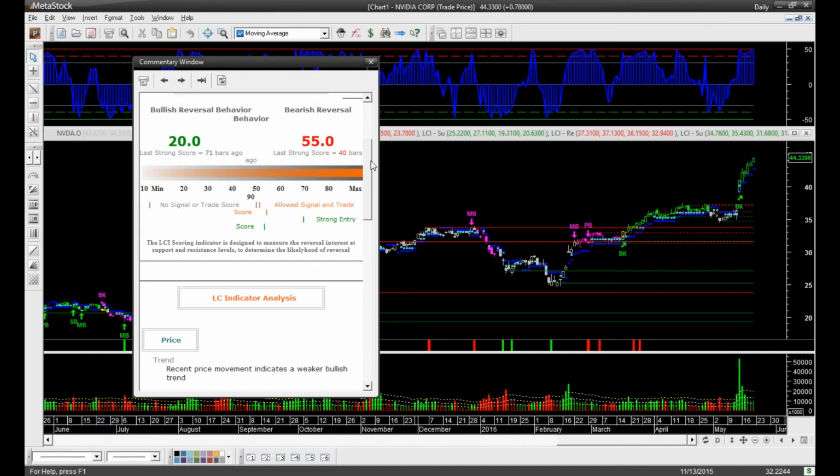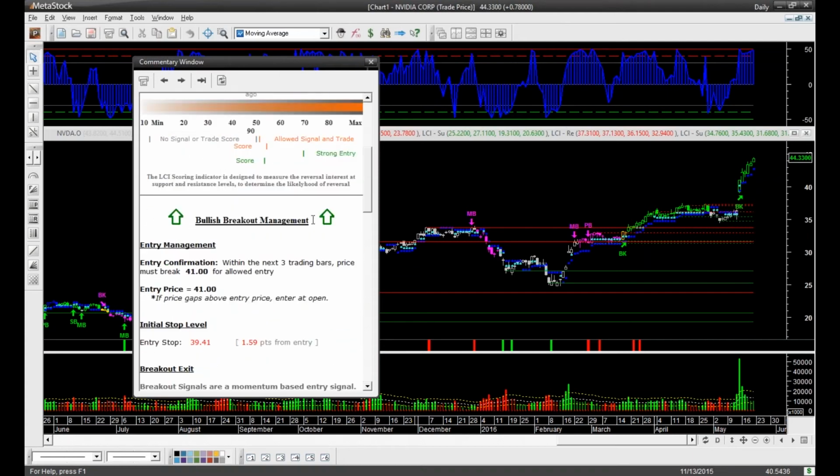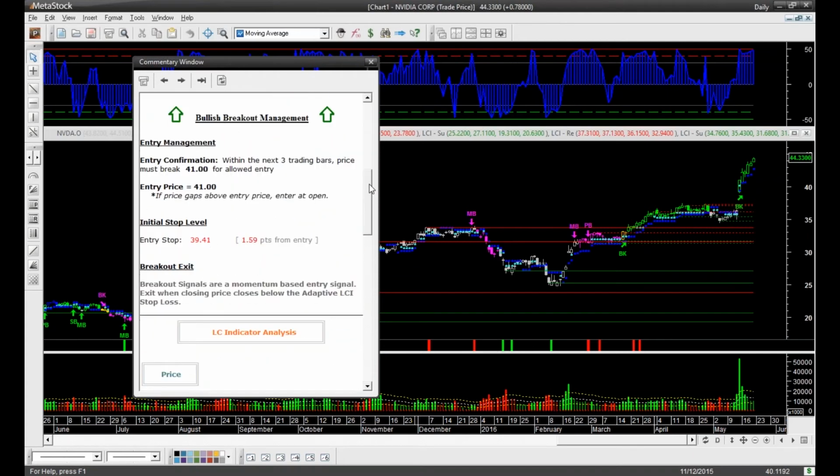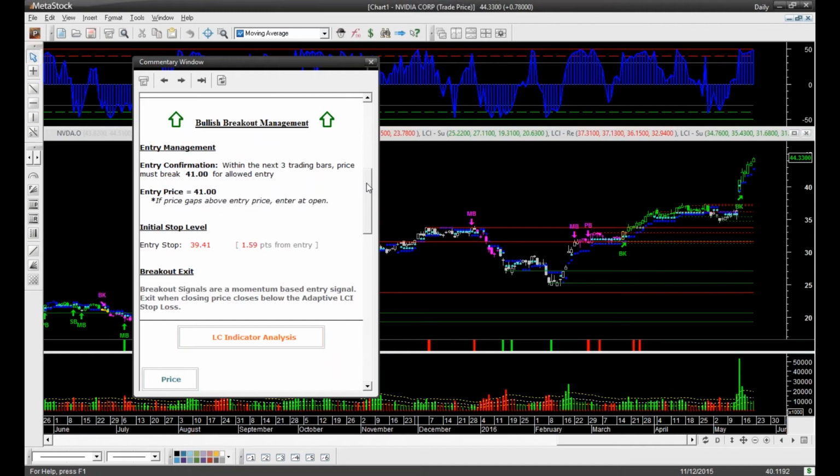And if it is a good trading decision, for example, if we had a breakout system right here, it is going to show you, first off, a rating, as well as potential stop losses and targets that you want to get out of this trade. A really great system that we've been lucky enough to have within MetaStock 14 right off the bat.